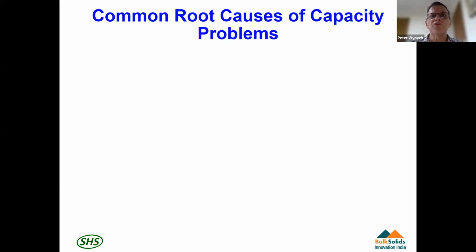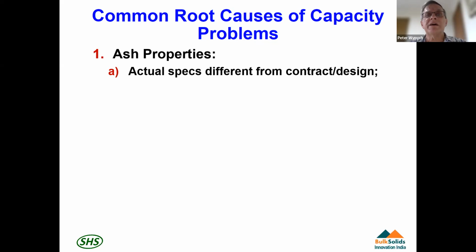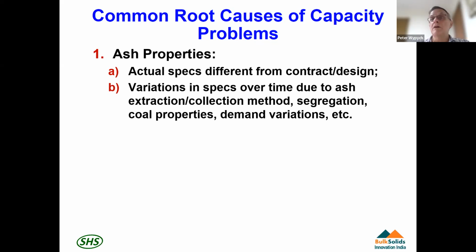So let's look at common root causes of capacity problems. So we have ash properties, of course, where my experience is that, once the power plant is built, the ash property specs can be quite different from the contract stage and design stage. So then everyone's finger pointing and there's all sorts of arguments going on. And also over time, things can change. The ash properties can change.